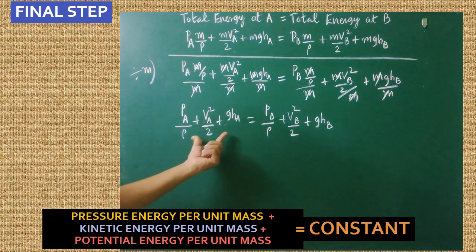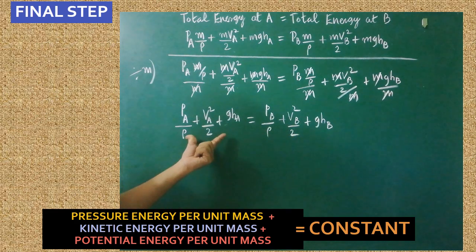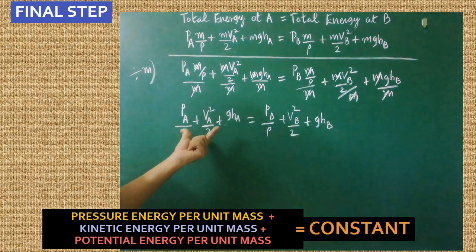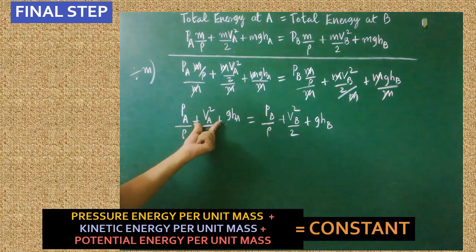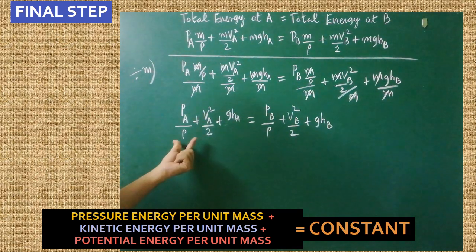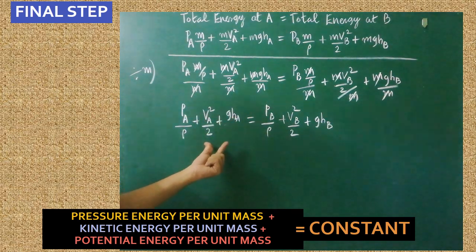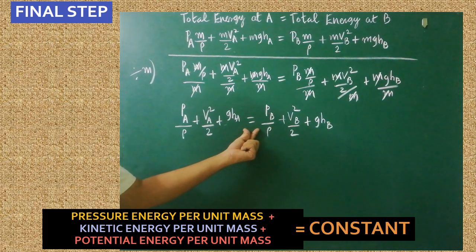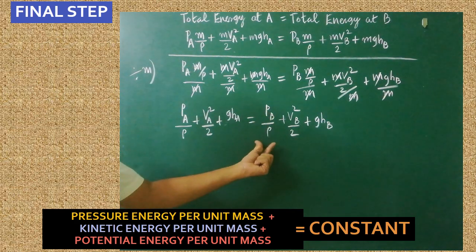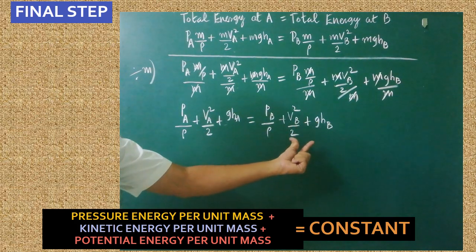This equation is equal to that equation. What it shows is that the sum of the pressure energy, kinetic energy and potential energy per unit mass at end A is numerically equal to that at end B.